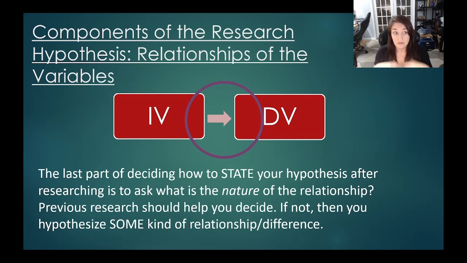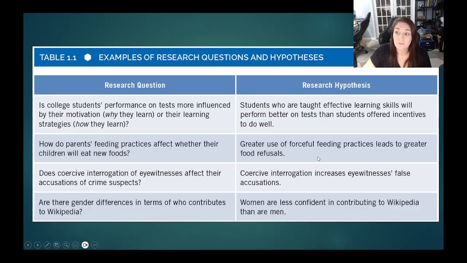Okay? The process of going through all of that review and finding the previous research and theories, etc., informs this very last piece of stating your research hypothesis. Okay? If you can't be specific in the direction of the nature of the relationship, then you hypothesize some kind of relationship or difference, okay? And you would know in the research process which is appropriate or not. Okay.